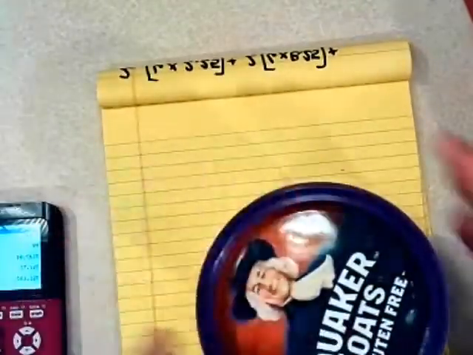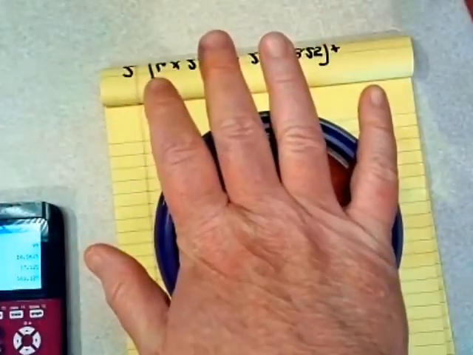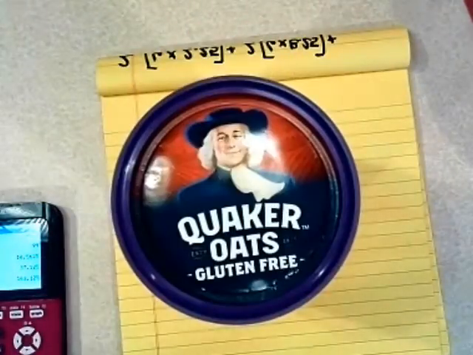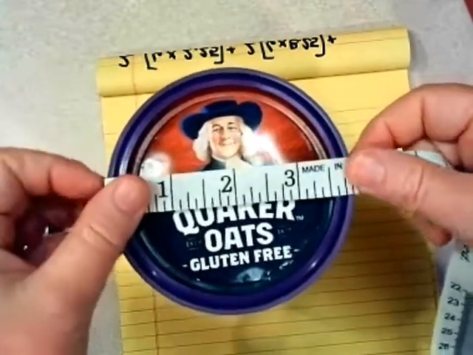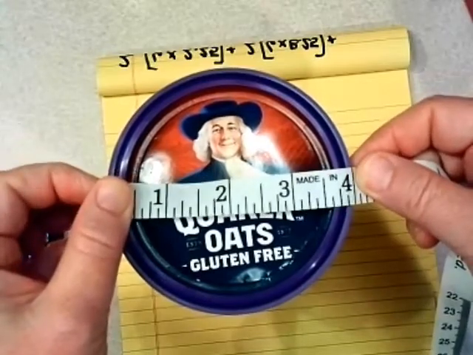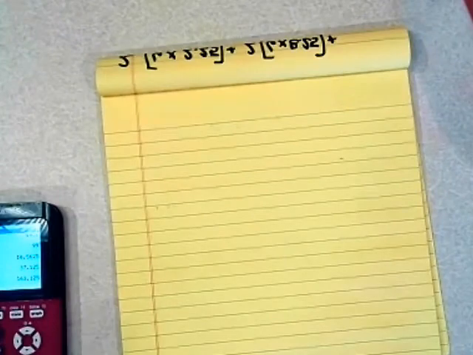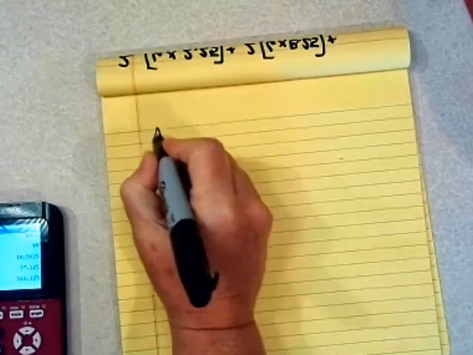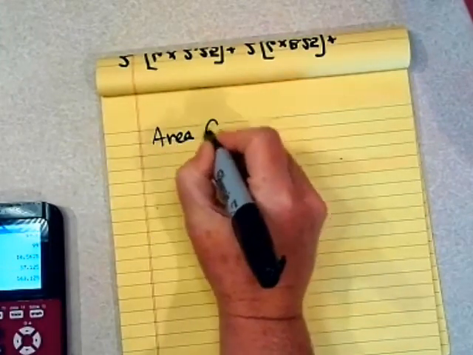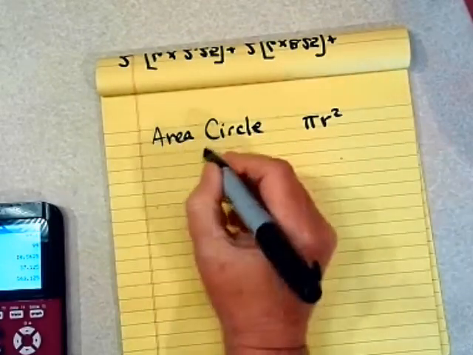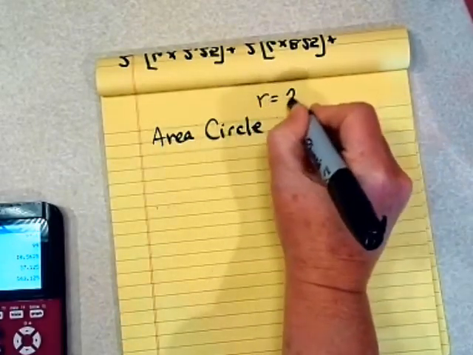So now we need to find the surface area of a cylinder. Well, we need to find the area of the top and the area of the bottom. So once again, I'm going to be measuring, and it has a diameter of 4. Since it has a diameter of 4, it has a radius of 2. Remember that the area of a circle is pi r squared, and the radius is 2 inches.